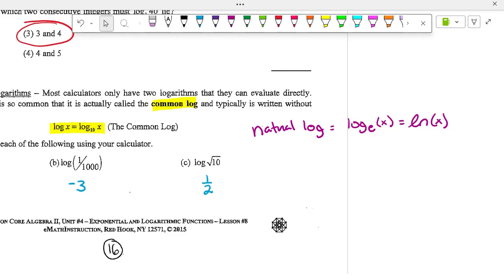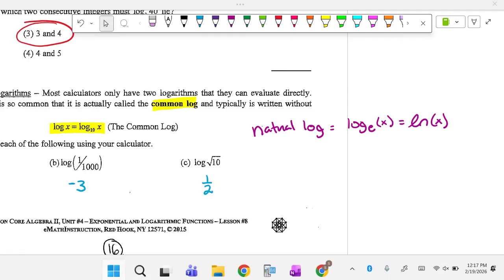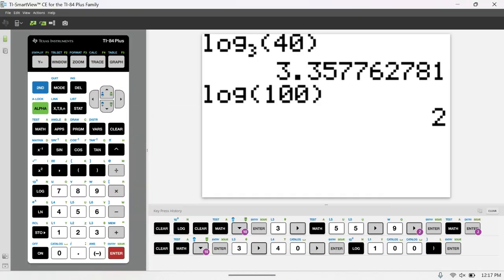Now, you'll probably see this one more in Math 4, but just be aware that that's the other type of special log. So the two special logs are common log, which is log base 10, and natural log, which is log base e. On your calculator, if you look right here, this ln key, that's log base e.